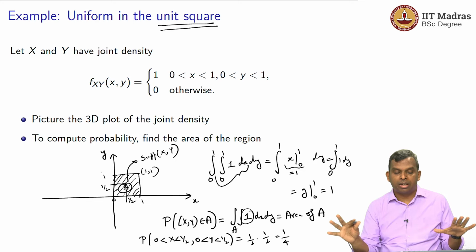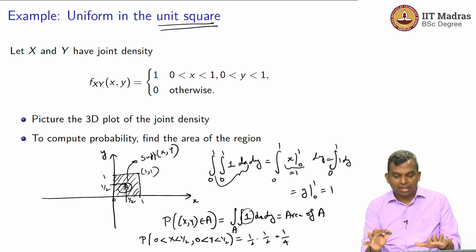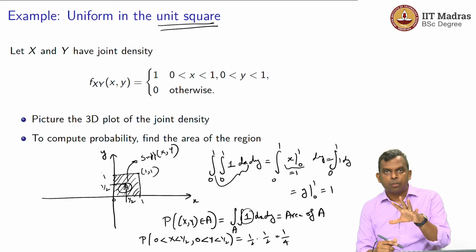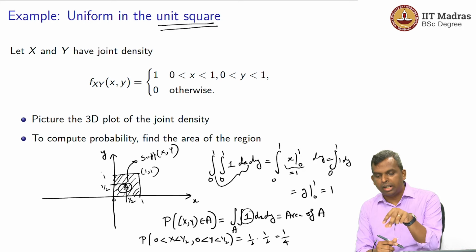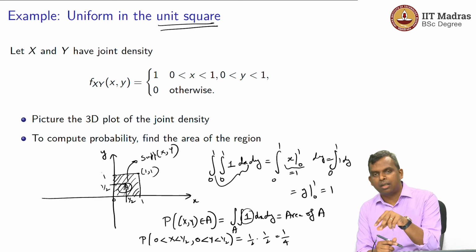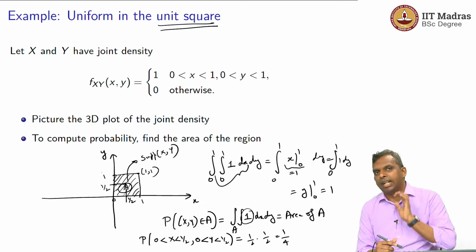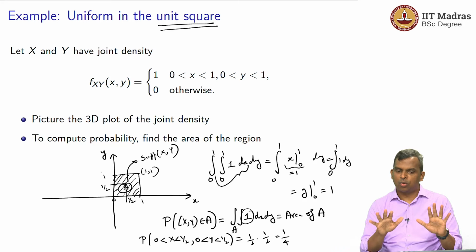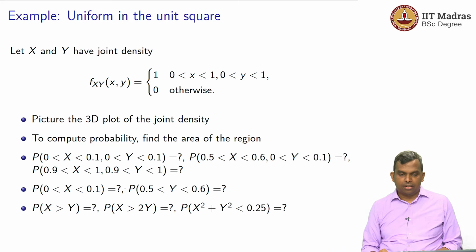If you want to go to an arbitrary joint density, there will be some region in the 2D plane where that density will take value. And if you want to take probability of a region inside that support, you simply integrate the density over that area, you will get it. Okay, so that's the probability that you have to find. Okay, so this is how you deal with joint densities.